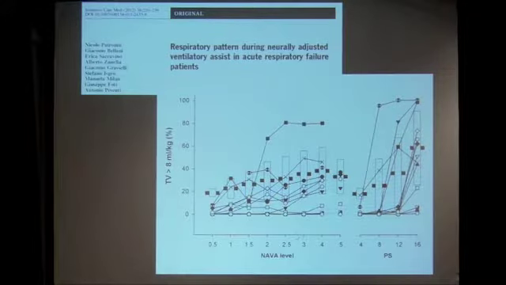This is a plot of the response of individual patients at increasing NAVA levels. This is the frequency of tidal volumes over 8 milliliters per kilogram.